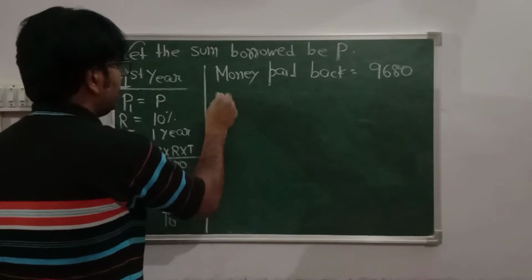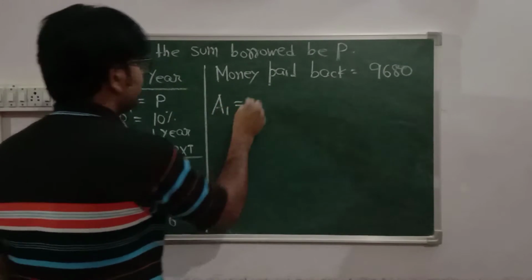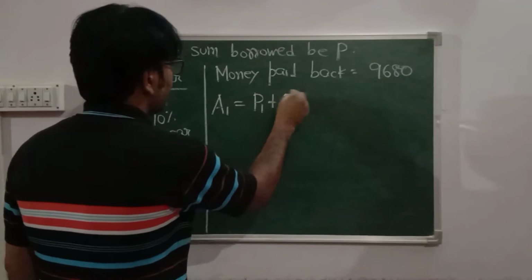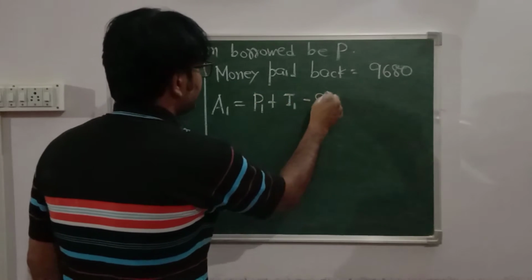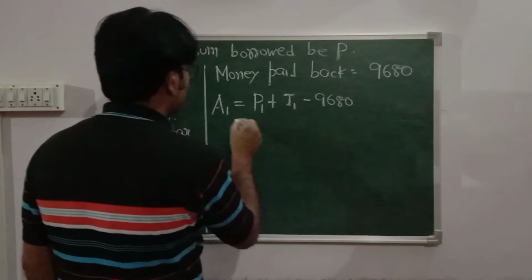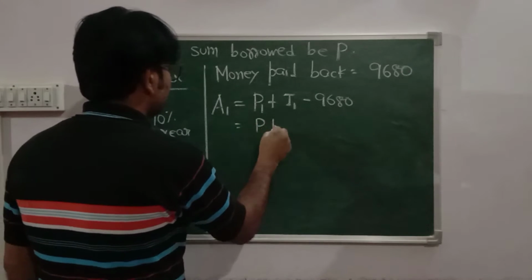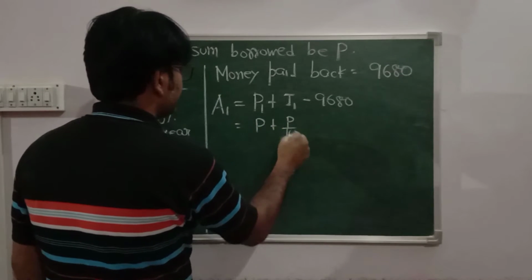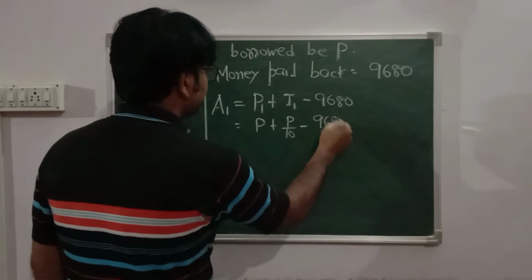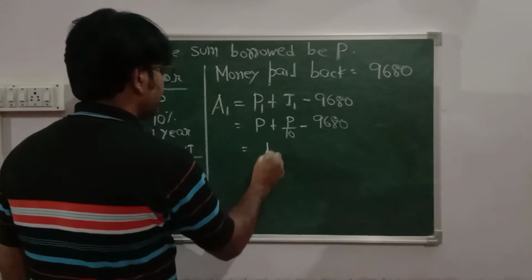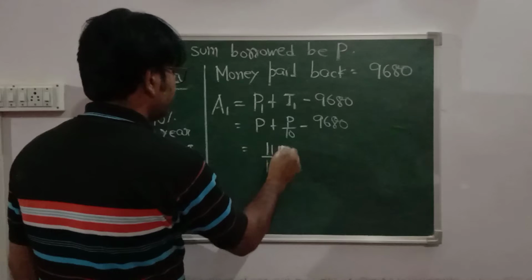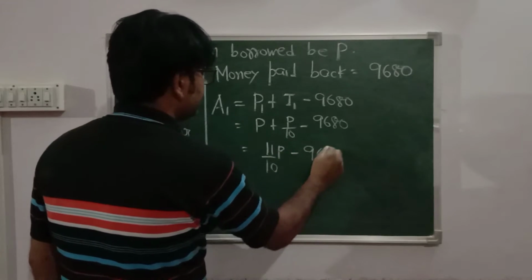So the amount is P1 plus I1 minus 9680. P1 is P plus P by 10 minus 9680, which comes to 11 by 10 P minus 9680.